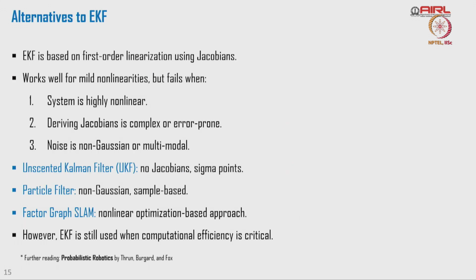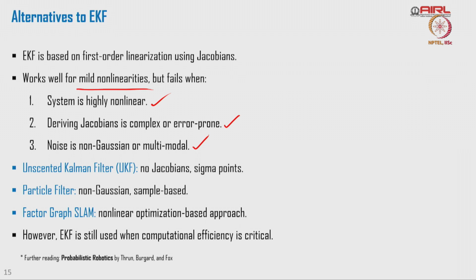The extended Kalman filter is based on first order linearization using Jacobians, and works well for mild or moderate nonlinearities. That means when the system is highly nonlinear, it can't work. It might be difficult to derive the Jacobian, and non-Gaussian noise or multimodal distribution is also a problem for the EKF.